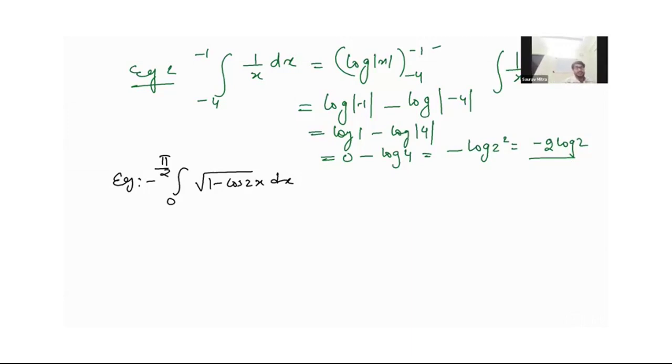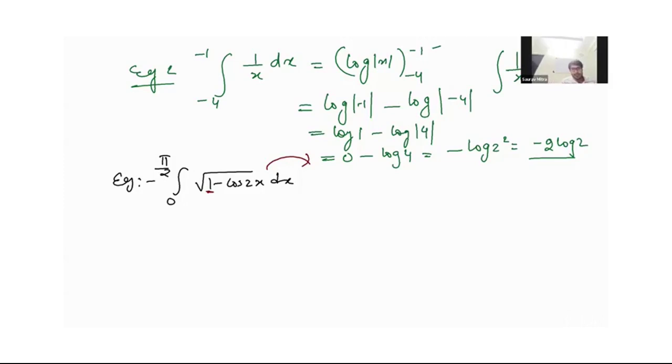For trigonometric functions, some integrations should be known. In this case, we don't know the integration of 1 minus cos 2x in terms of individual terms. So we will convert this trigonometric function to one to which we can easily apply the integration values.